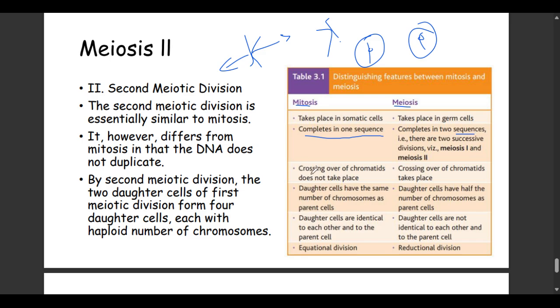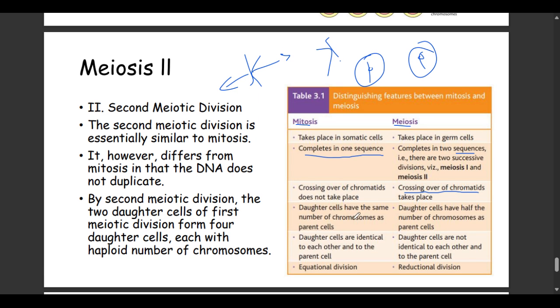For mitosis, crossing over of chromatids does not take place because you don't need genetic variability in somatic cells, but crossing over occurs in chromatids in meiosis, particularly in prophase, and particularly crossing over will occur in the pachytene stage. And daughter cells have the same number of chromosomes as parent cells in mitosis, but in meiosis, the daughter cells have half the number of chromosomes as parent cells.